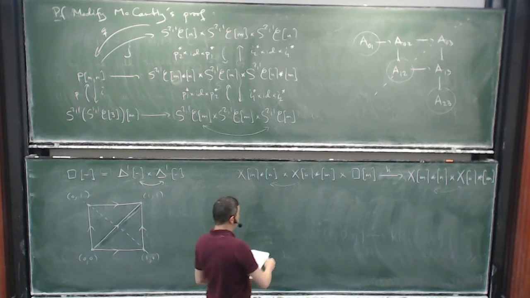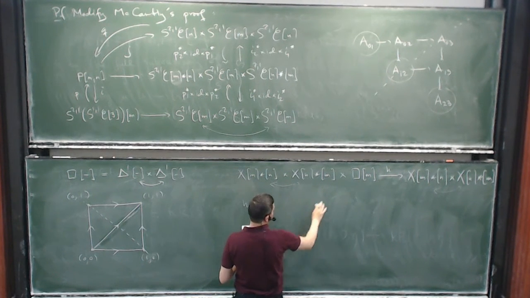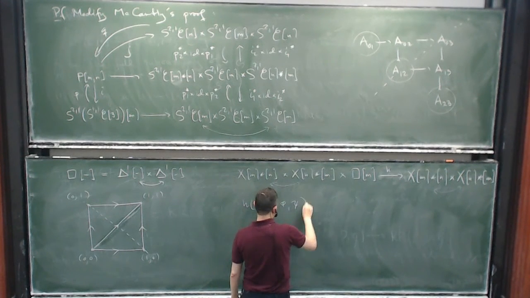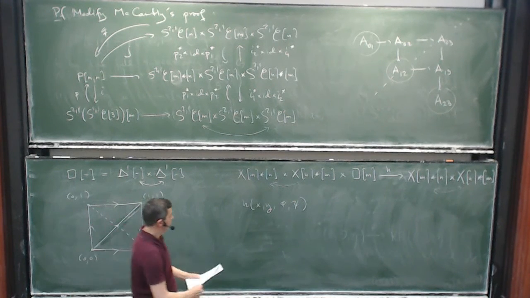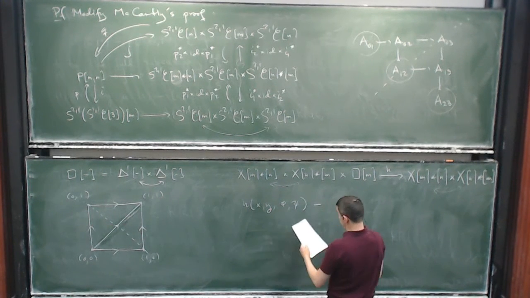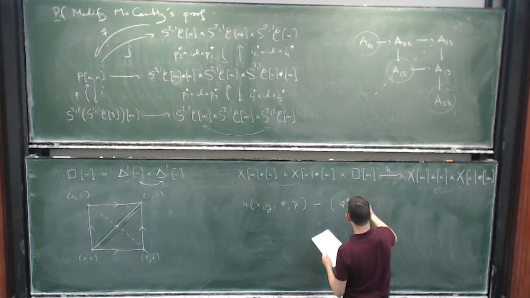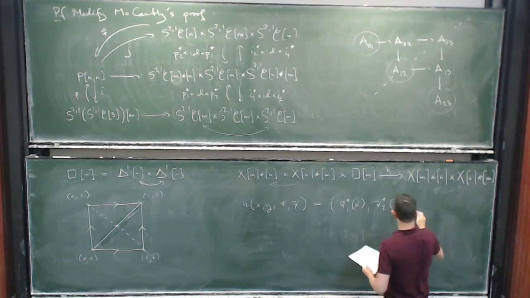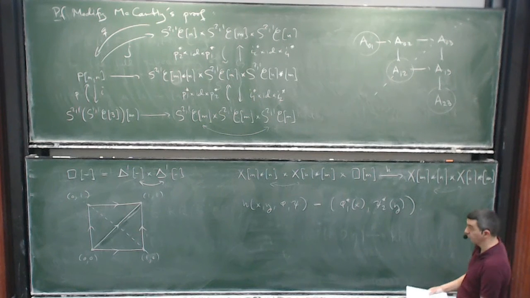So this is given by h of x, y, and now here we will have 2 morphisms from m to 1, and then we define this to be phi 1 upper star of x and psi 2 upper star of y. So then this will give an equivariant homotopy.